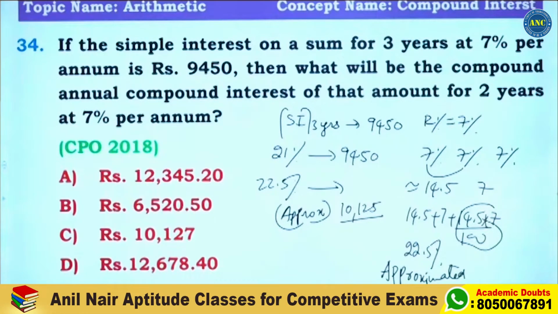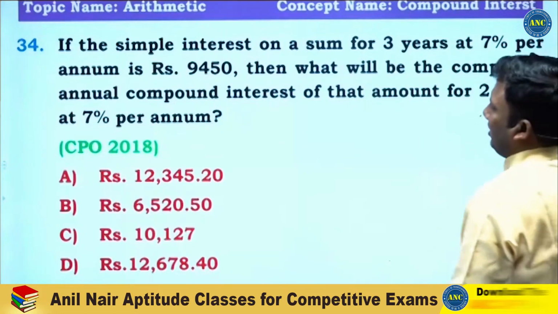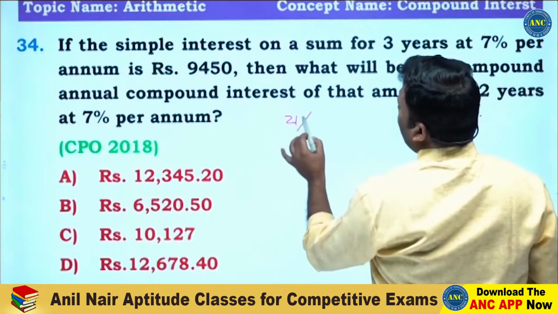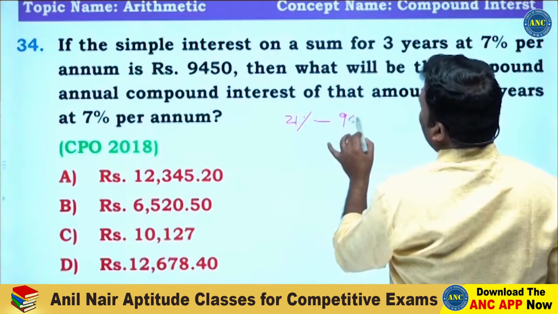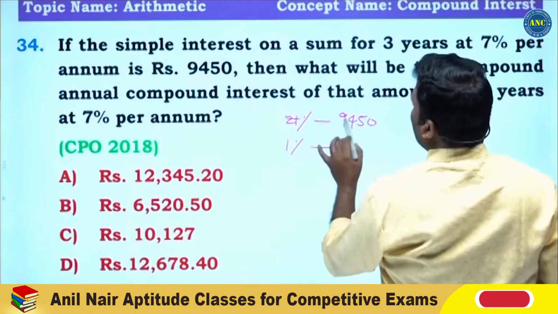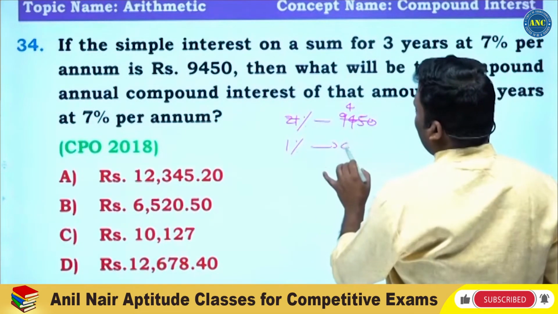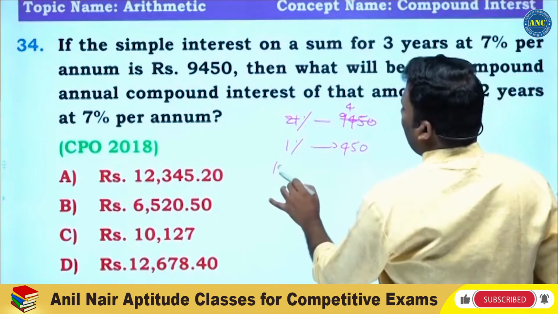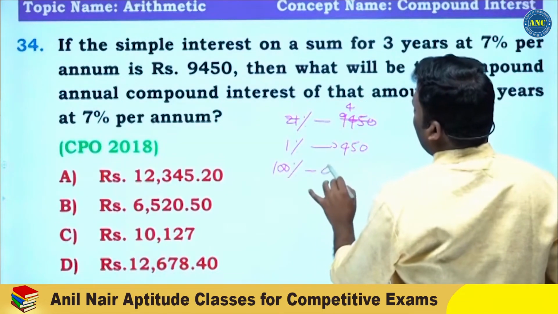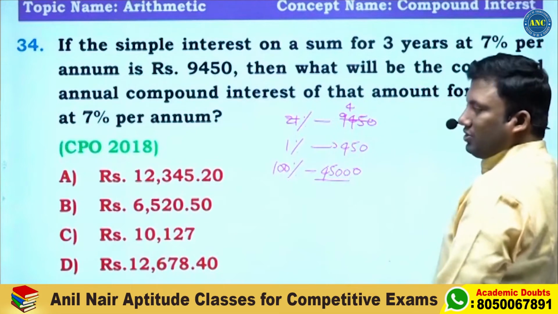Now here also, the simple interest on a sum for 3 years at 7%, 21%, is 9450. 1% is 450 by... 21 times 45... 1 fours are 84, 105, it is 450. 100% it is 450 into 100, 45,000, which I got.